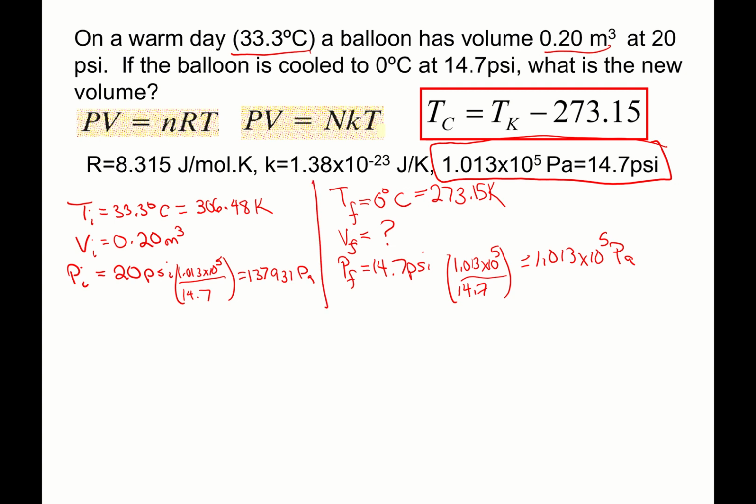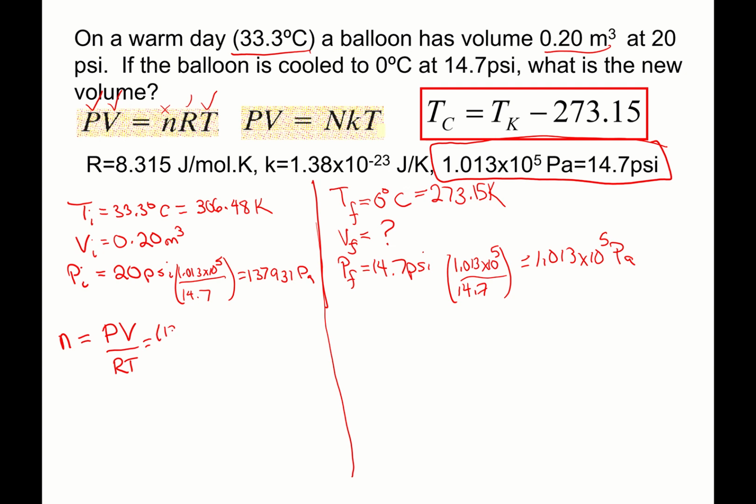Let's think about what we're going to do. So we've got PV equals nRT. In the initial case, I've got P, I've got V, I've got T. I don't have n, and R, of course, is a constant. So I could use the initial conditions to give me n. So let's do that. So n is going to be PV over RT.